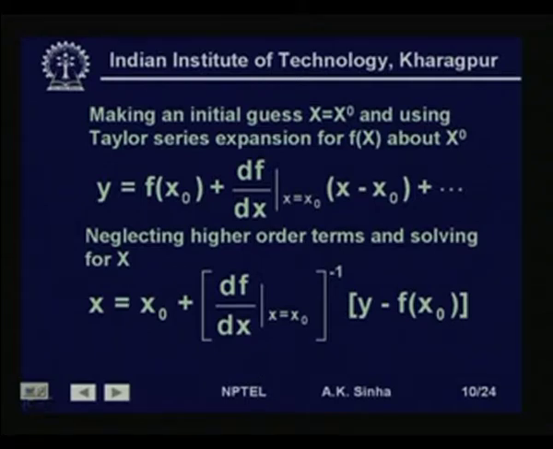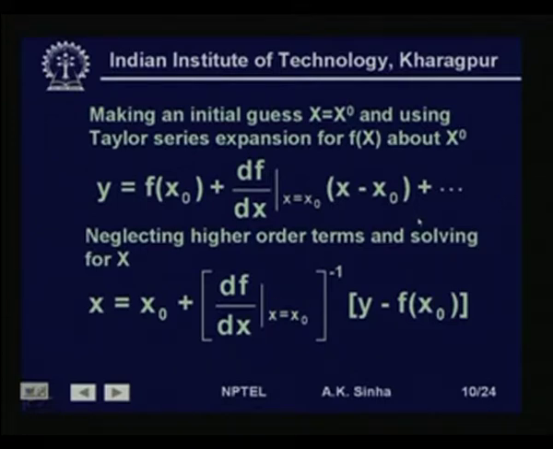Now, if we make an initial guess x is equal to x 0 and then use the Taylor series expansion for f(x) about this initial guess of the state x, then we can write y is equal to f(x 0) plus df by dx at x is equal to x 0 into (x minus x 0) plus higher order terms, that is d 2 f by dx 2, factorial 2, (x minus x 0) square, all those higher order terms will be there.